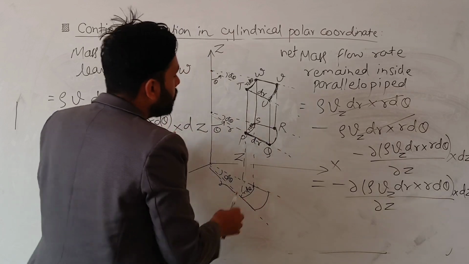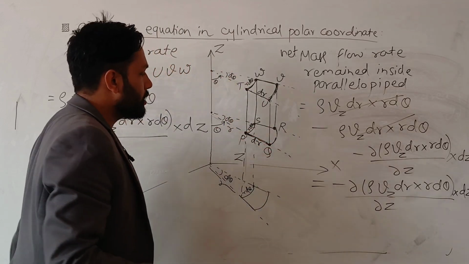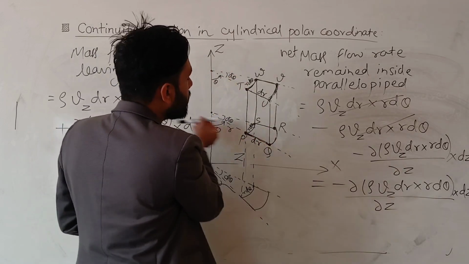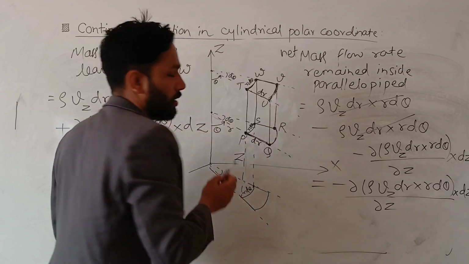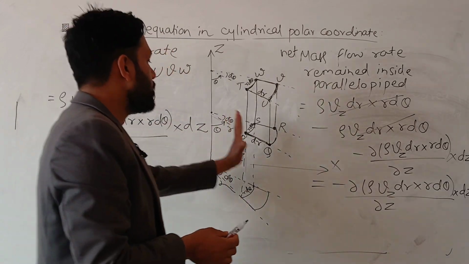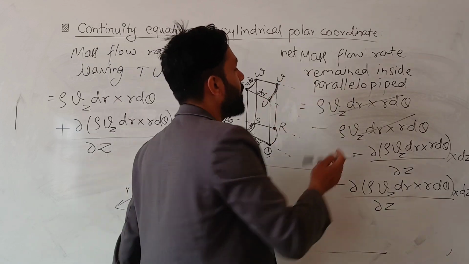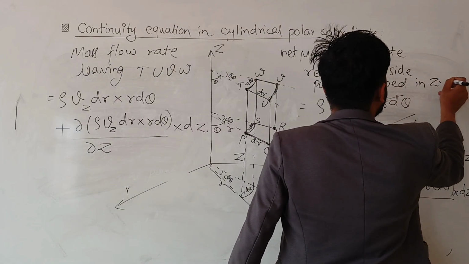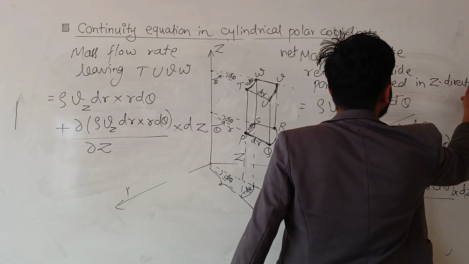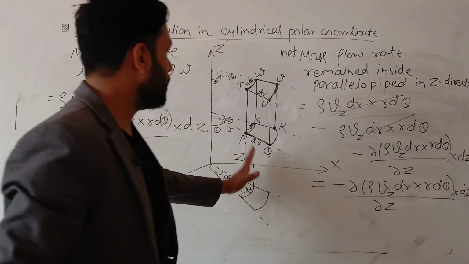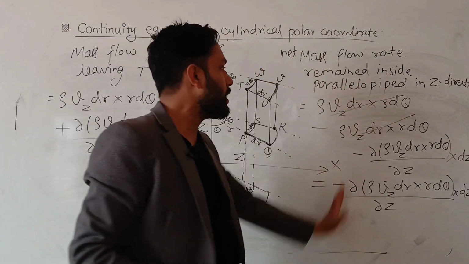So we also have to calculate in the other directions, that is towards this radial direction and towards this angular direction, okay? So that's why we have just done this in the z direction. We have just found out the net mass flow rate remaining inside the parallelepiped in the z direction, okay?